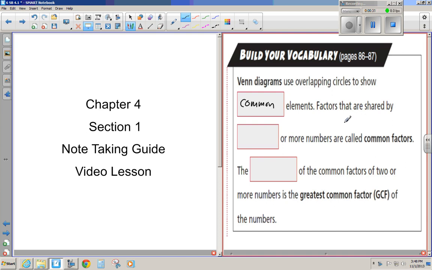Factors that are shared by two or more numbers are called common factors. The greatest of the common factors of two or more numbers is the greatest common factor.